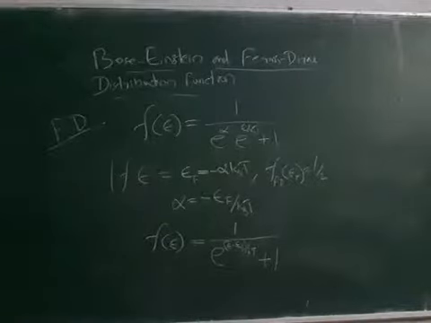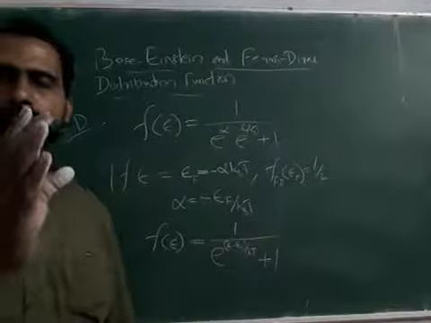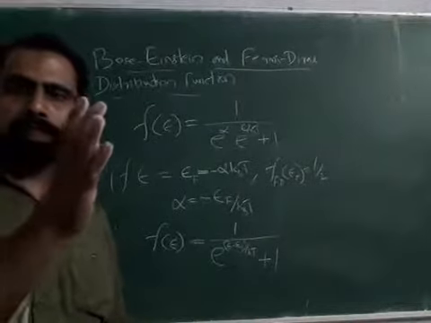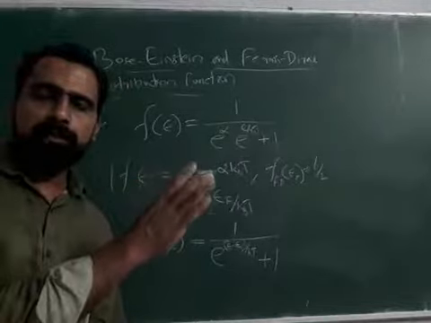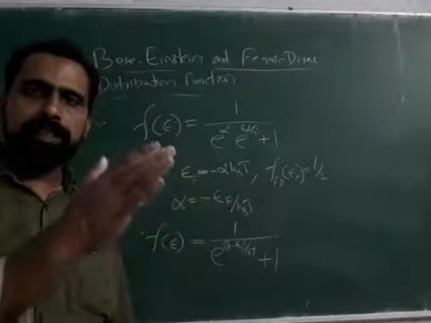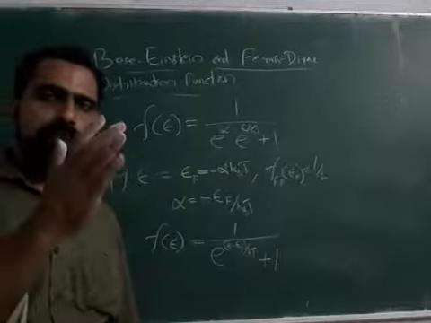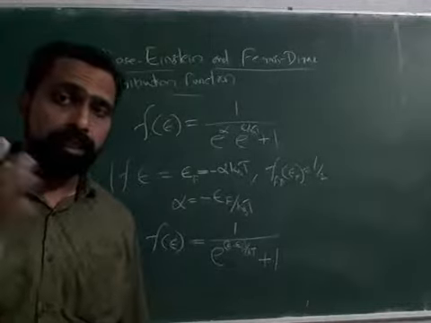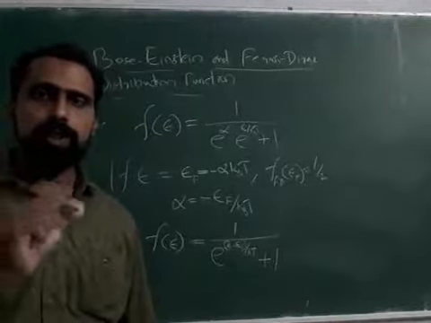So what you need is to study this for values of epsilon greater than epsilon f, that is the Fermi energy, and less than epsilon f, the Fermi energy at absolute zero, at T equal to 0.